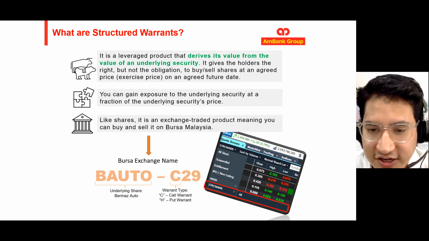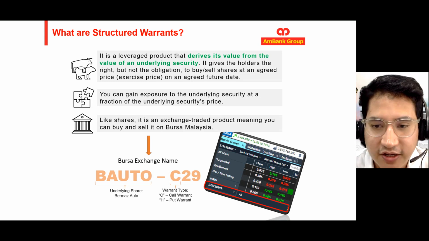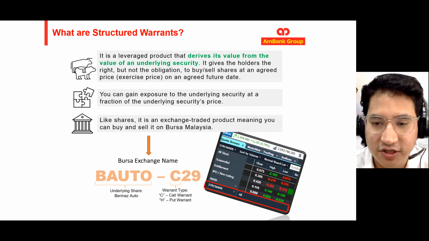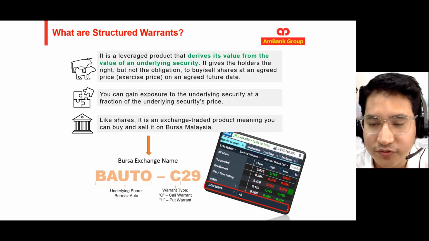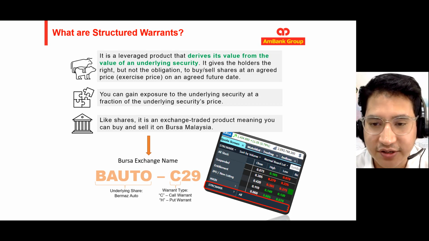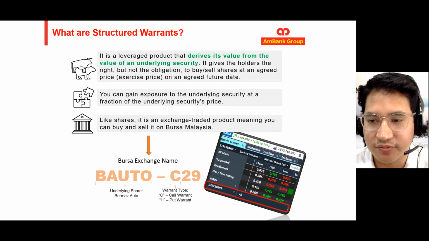The underlying share is Bermaz Auto, and then there will be two identifiers here. One is the C, which means it's a call warrant, which I'll get into a bit later. The other one is H, which is a put warrant. It's always followed by either a number identifier or an alphabet identifier, depending on how many structured warrants have been issued so far.